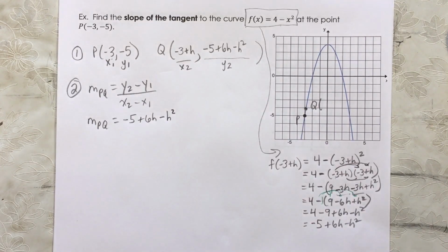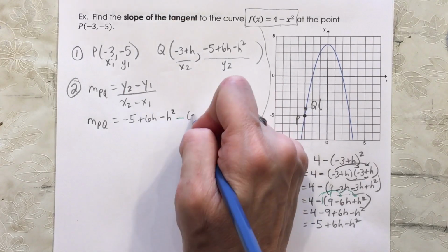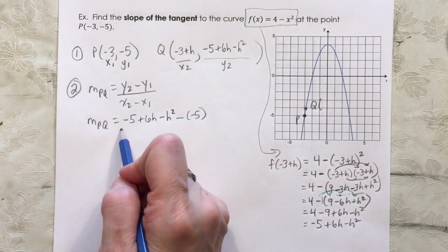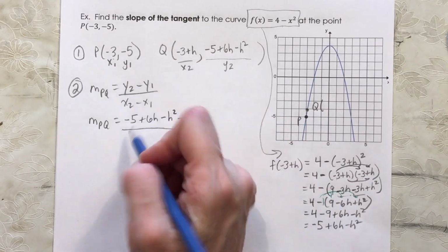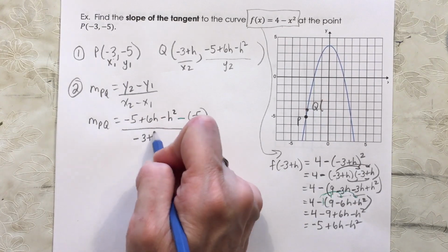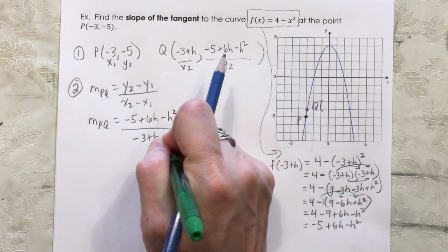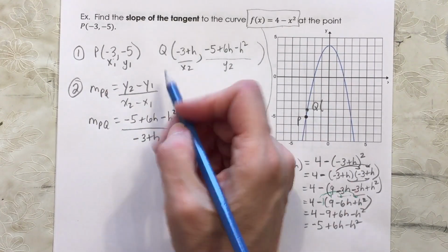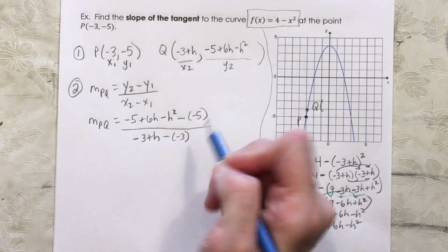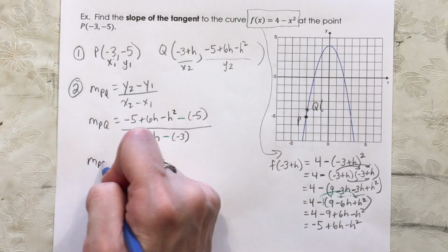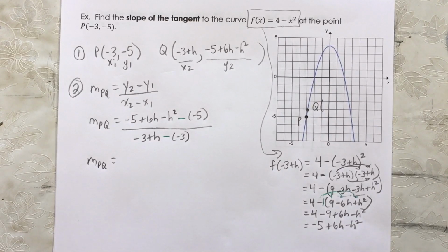And then I'm subtracting y1, which is -5. And then x2 is -3 plus h. And I'm subtracting -3. And then we always want to simplify the slope of the secant as much as possible, so it makes finding the limit easy.